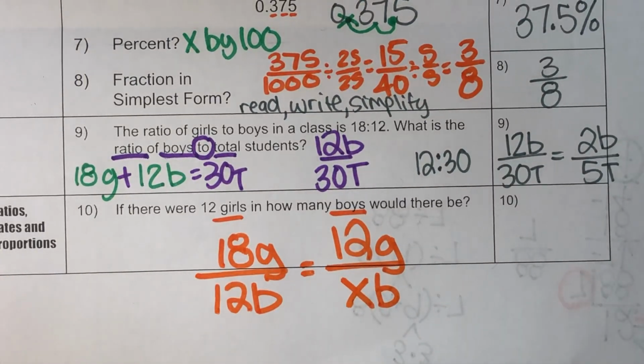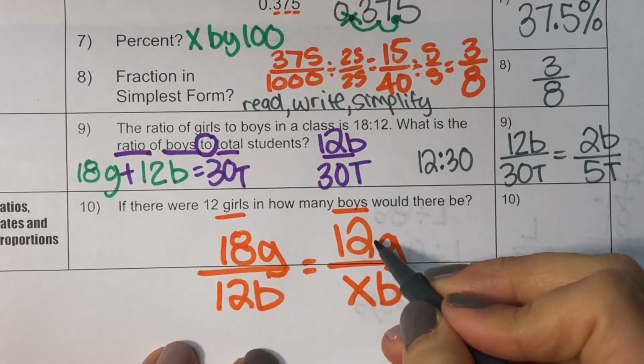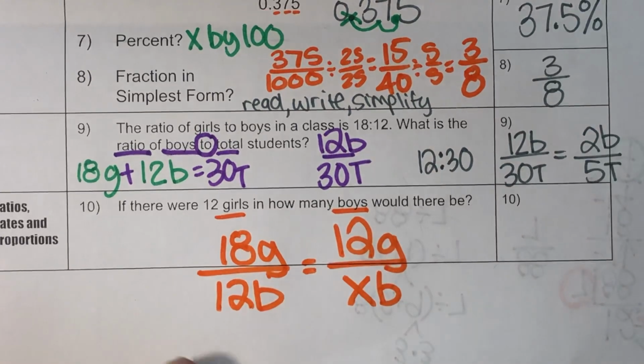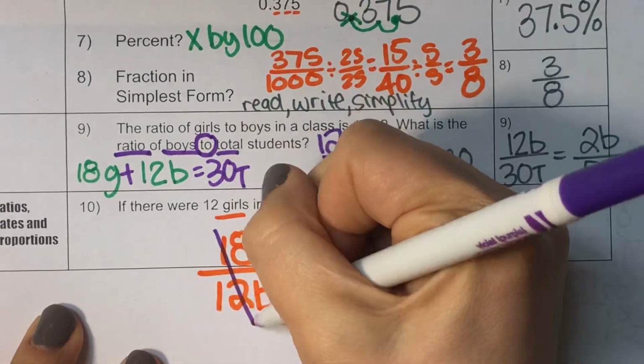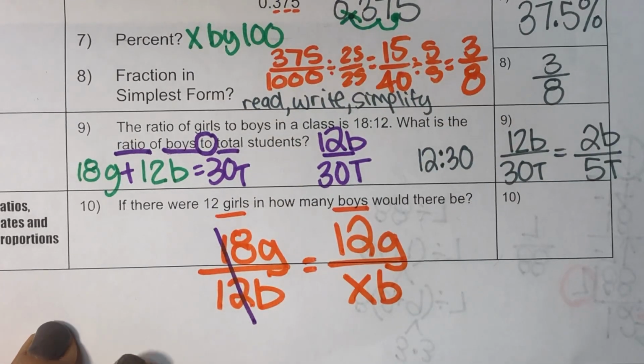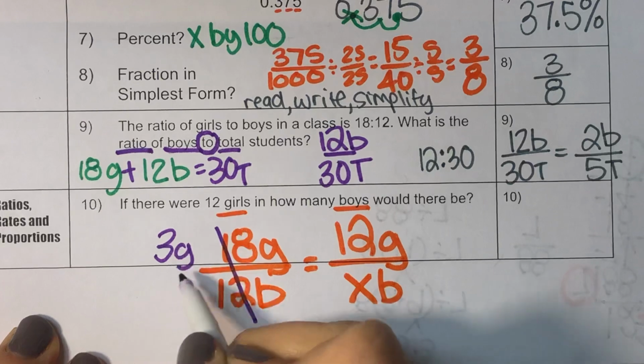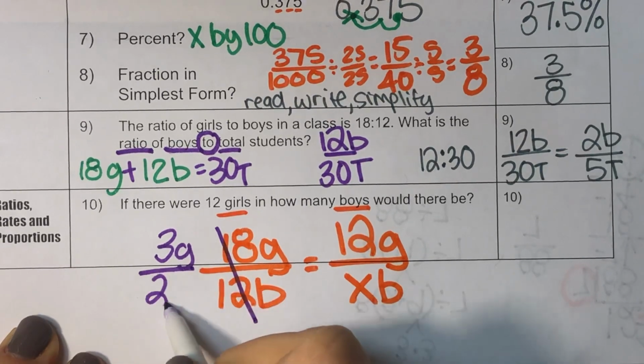And this is actually a proportion that you would then solve. Now look here. Don't all of a sudden go to make your 12s ones. This is not multiplication, and we cannot simplify those. This is a proportion. So what I would do, if it were mine, is I would simplify this very simplifiable ratio. So if I divide this by 6, I end up with 3 girls for every 2 boys.